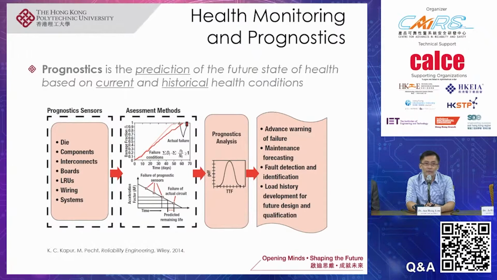We may also save costs by scheduling maintenance in a more accurate way, which is what we call maintenance forecasting. By continuously monitoring some parameters or parts of the system, we will also be able to detect some fault in time before it actually causes the system to fail catastrophically. Also, we can use the information collected to improve the design of a system to make it more reliable in the future.